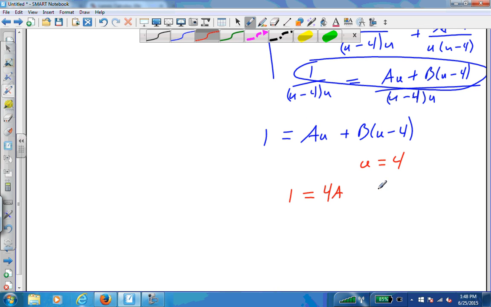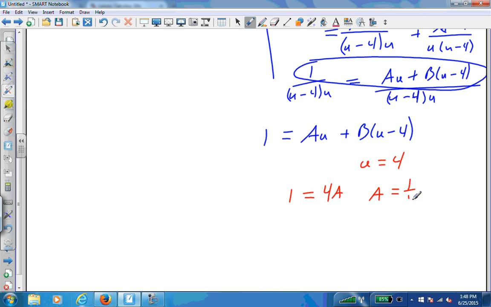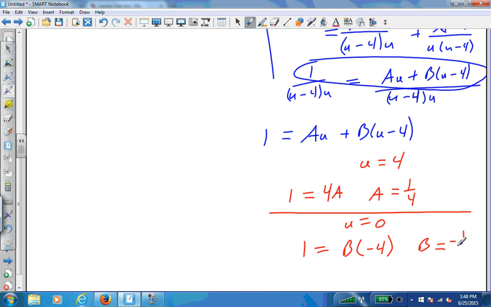So if we divide both sides by 4, we get a. Then if we let u be 0, that's what would make this term go away. So we would have 1 equals a times 0, or 0, b times 0 minus 4, so minus 4. So b is negative 1/4.